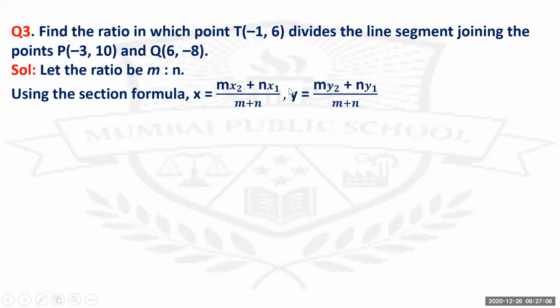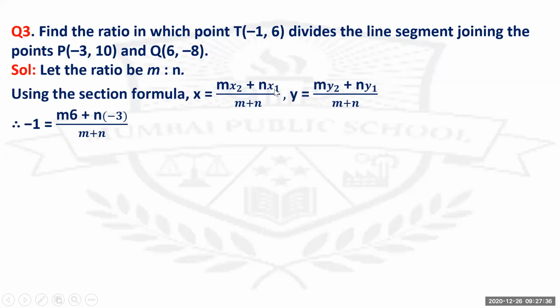Out of these two coordinates, x or y, substitute the values in any one of the formula. So here you will get x equals to, so that is minus 1 equals to m into 6, your value of x2 is 6, plus n into minus 3.